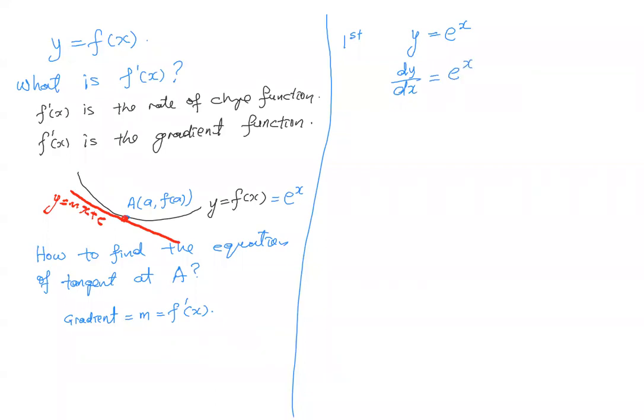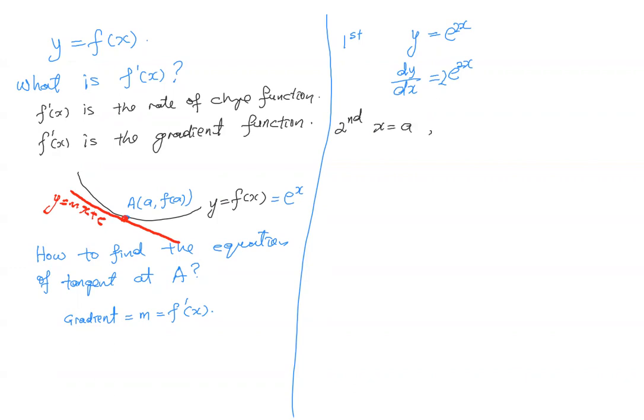Okay, I think I put 2x better, so that it won't look the same. So 2e to the power 2x. So next step, what should I do? I should put the x value.